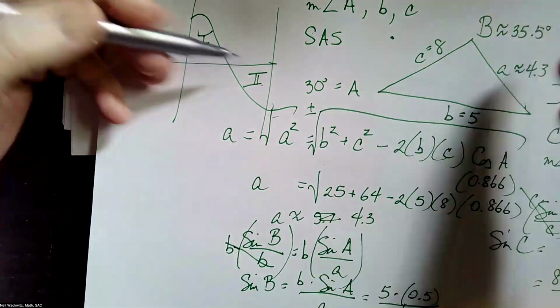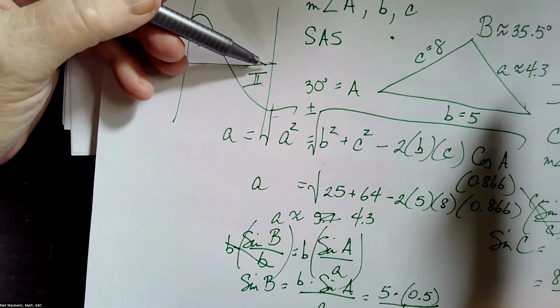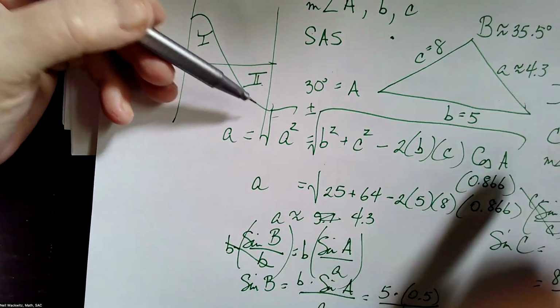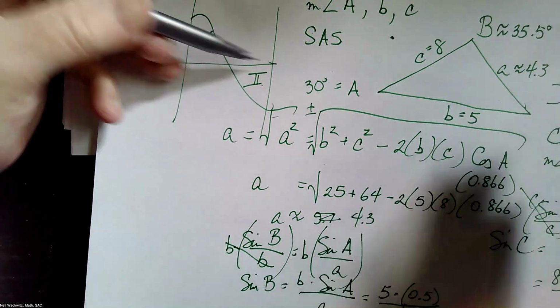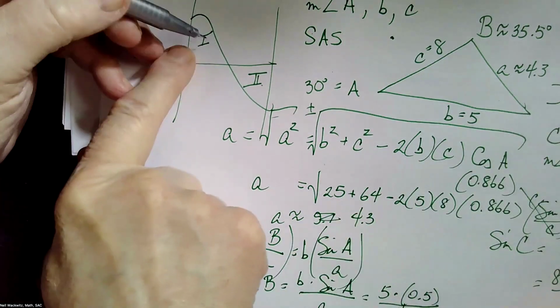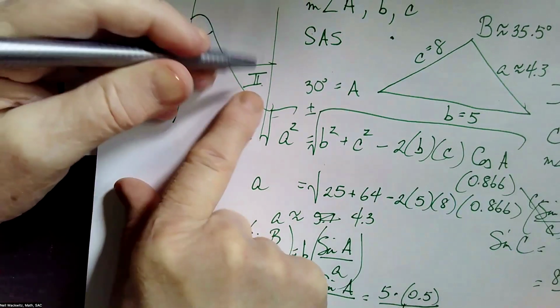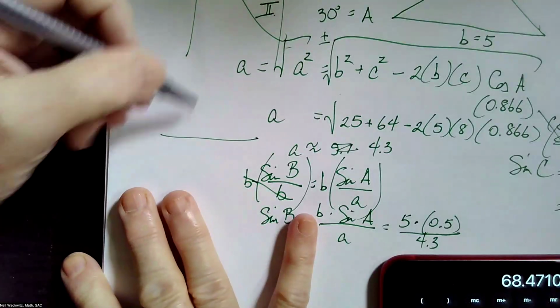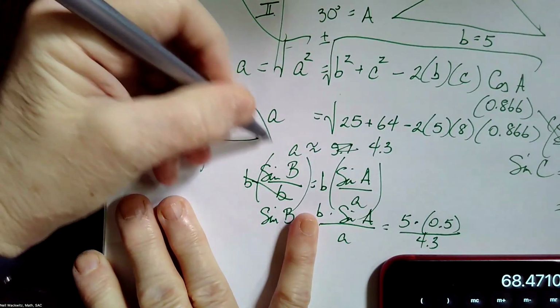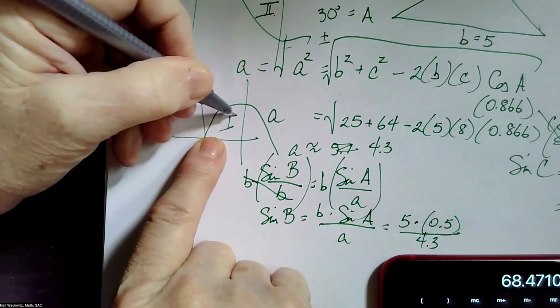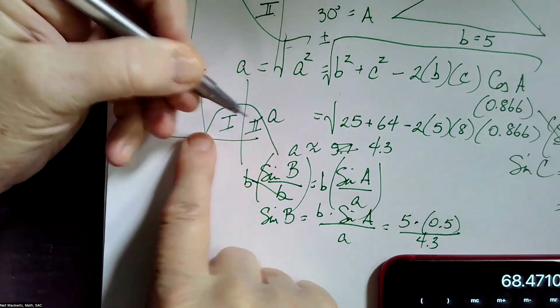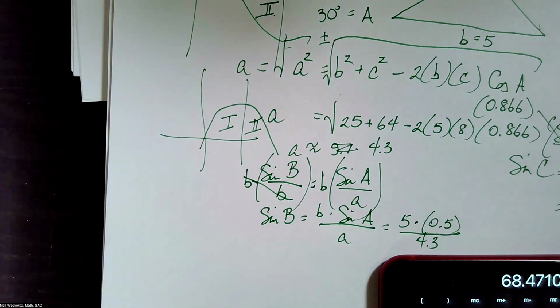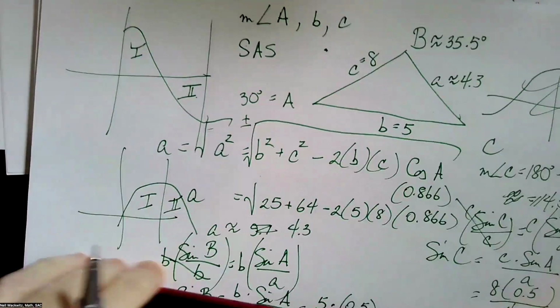That means that everything in quadrant 1 is positive, everything in quadrant 2 is negative. Sines, quadrant 1 is positive and quadrant 2 is positive. So their signs are the same in quadrants 1 and 2. So we want to use the law of cosines so that we get that difference.